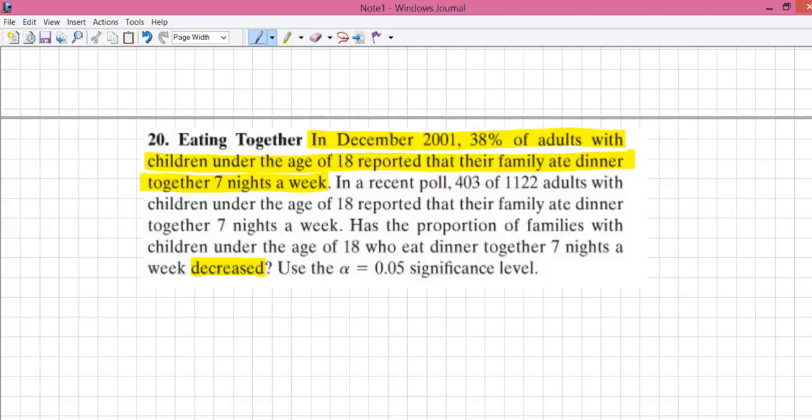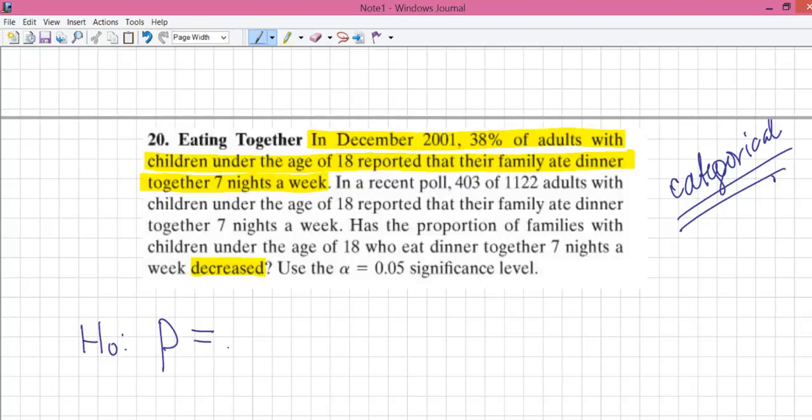Now, my problem is dealing with categorical data. It's the proportion of all families that eat dinner every night. If it's categorical, that's proportion. So my null hypothesis will say P is equal to 0.38. This statement right here does not need to be proven.